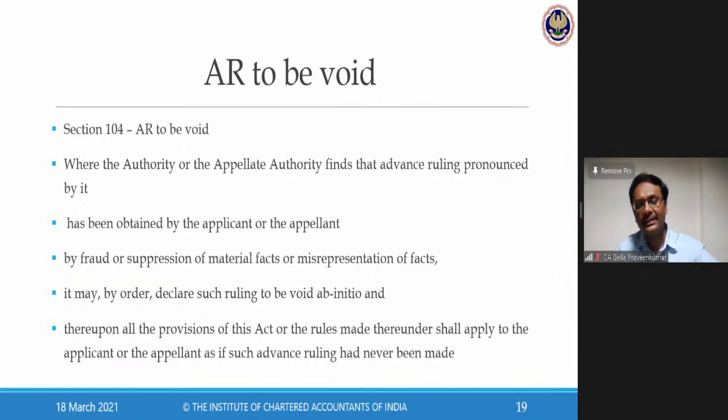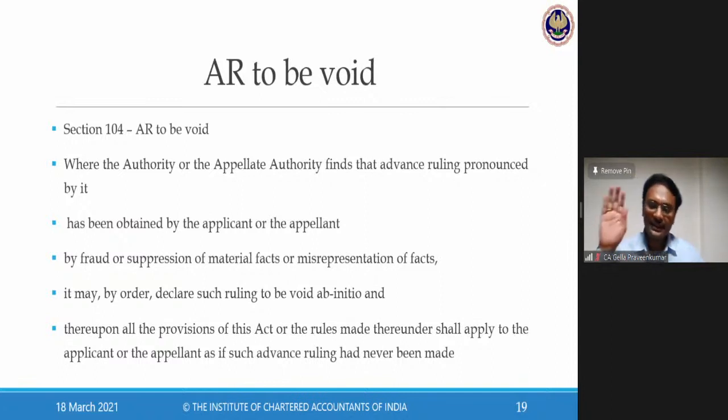They say where the authority or appellate authority finds that the advance ruling which is given was obtained by the applicant by fraud, suppression of material facts, or misrepresentation of facts. The assessee has misrepresented, he has suppressed the facts. On these grounds, that particular advance ruling can be set aside, or it may by order be declared void ab initio. Why?